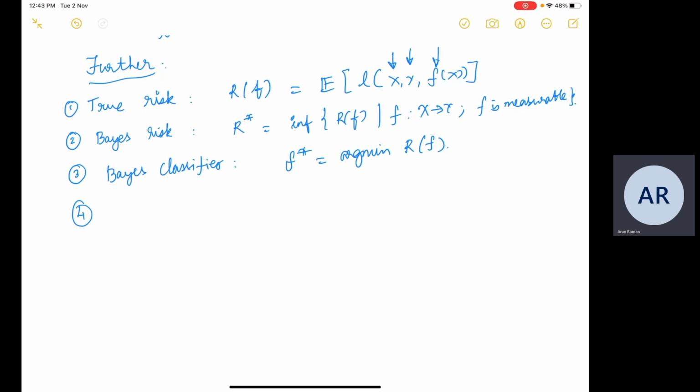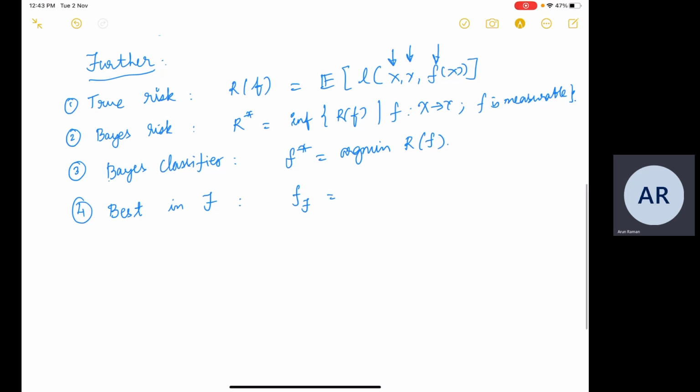Then another thing to note is the best in the function class script F, denoted by f script F, the argmin. Out of all those functions that belong to the function class script F, the function that minimizes the true risk is denoted by f script F.